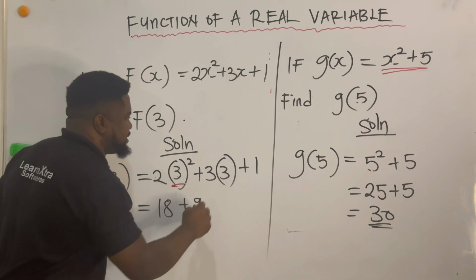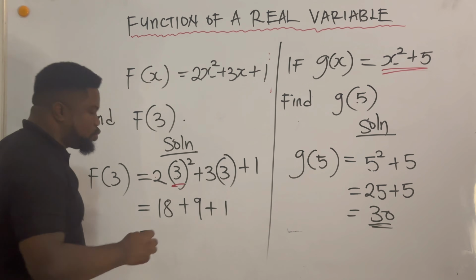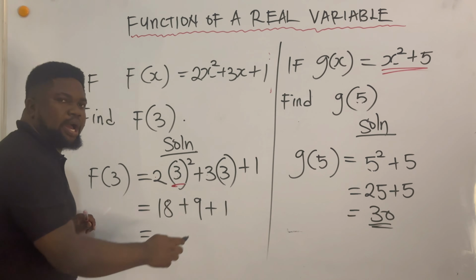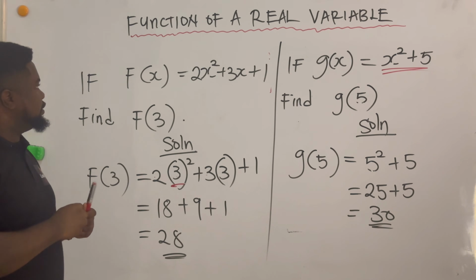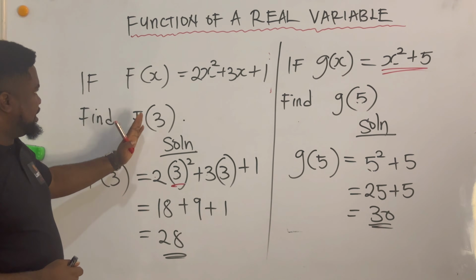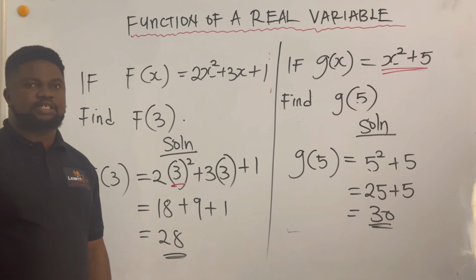I have here 9 plus 1. 18 plus 9 is 27. Plus 1, 28. That's it. So my input here is 3 and my output is 28.